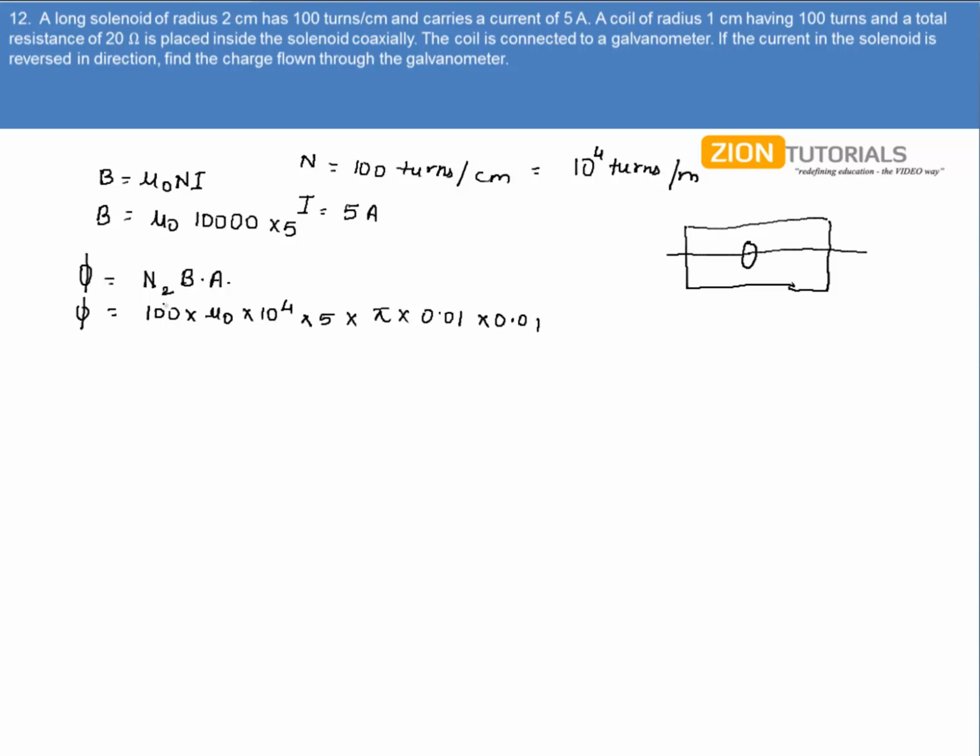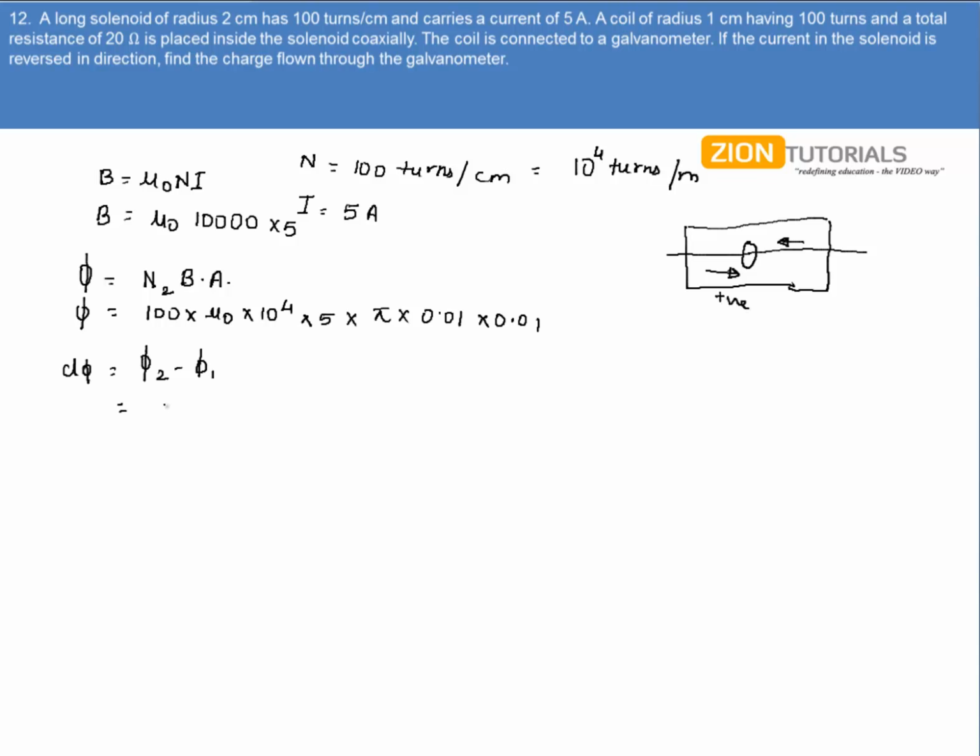Now if the current in the solenoid is reversed in direction, the magnetic field, which was earlier in this direction, will change to this direction. So the change in flux will be phi 2 minus phi 1. There is just a change in the direction but no change in the magnitude. Let the final flux be in this direction, and we assume it to be the positive direction.